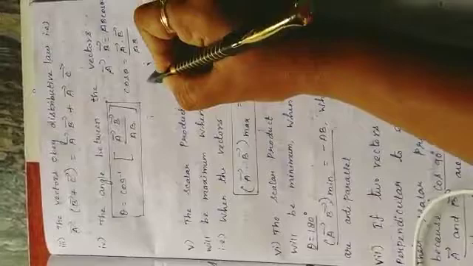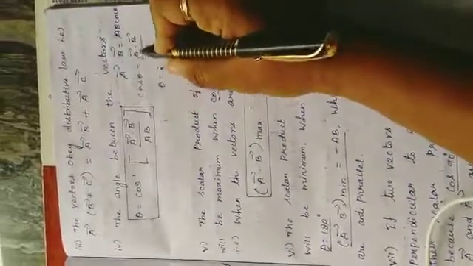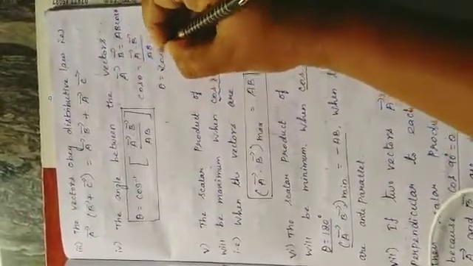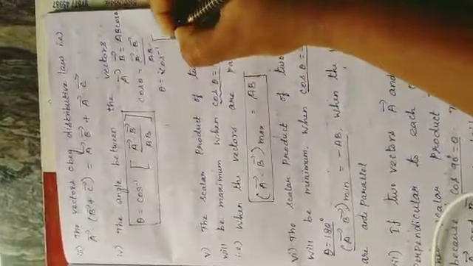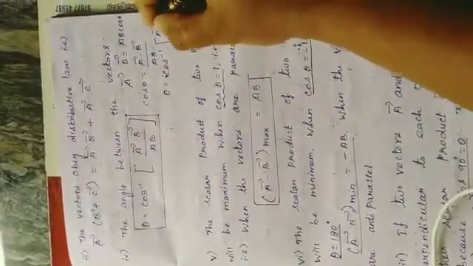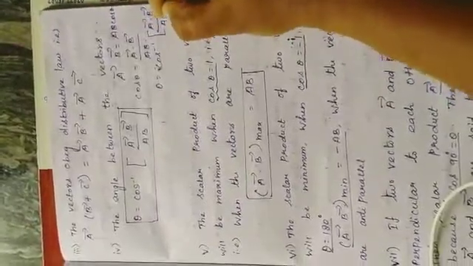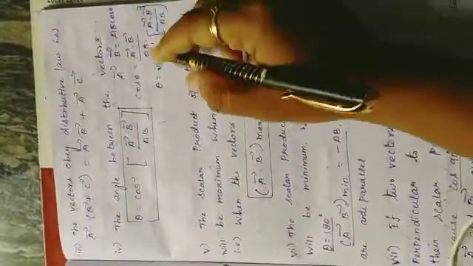Now I keep theta on one side, and the cos goes to the other side as cos inverse. So theta is equal to cos inverse of a vector dot b vector divided by ab. So this is the formula for finding theta.